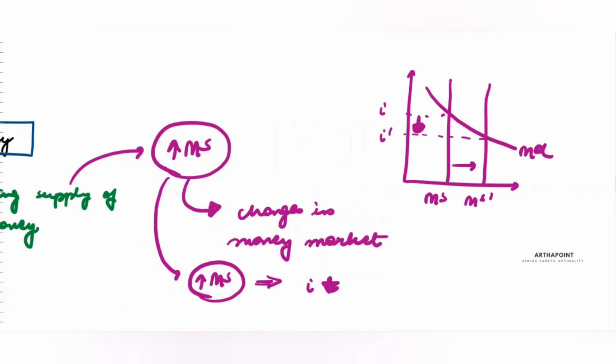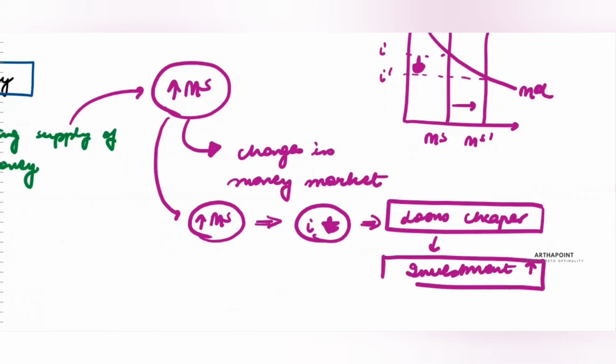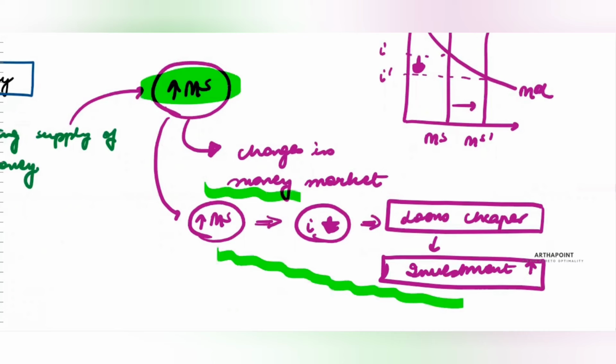And when the interest rate in the market decreases, this means that loans are available cheaper. And when firms can get cheaper loans, firms will take more loans and do more investment. So it will increase the investment in the economy. So monetary policy is basically whenever you use the supply of money to regulate certain things in the market, for example, here to increase the investment in the economy.